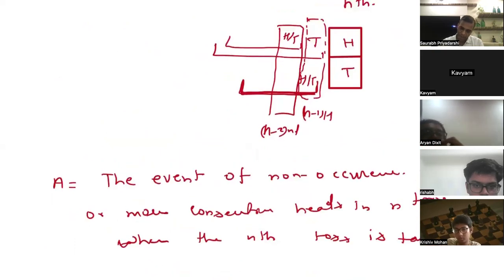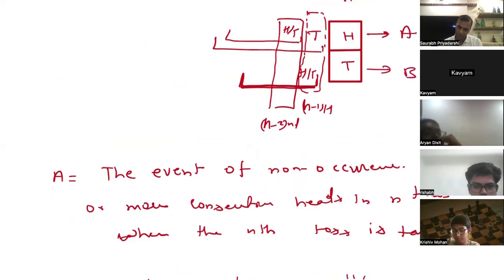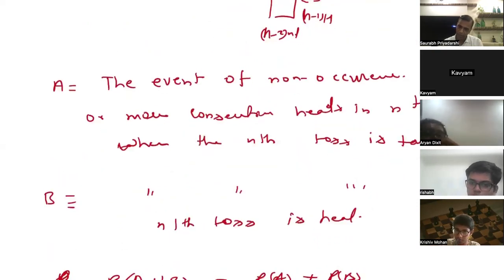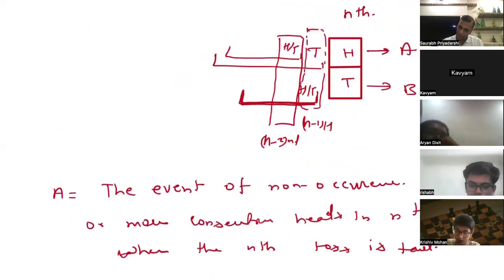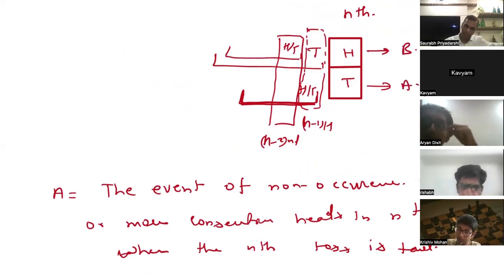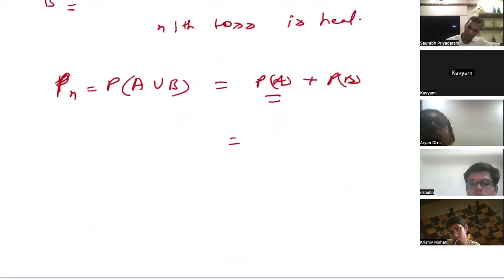Ending with A or ending with B. A is tail. So there must be a tail at the end, and the probability of getting tail is 1 - p.